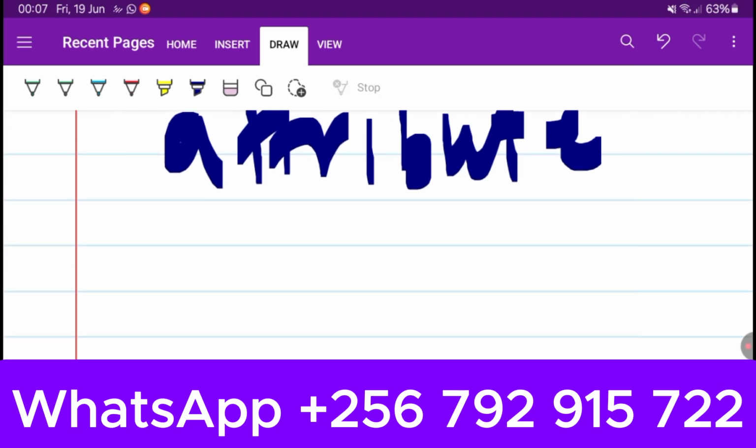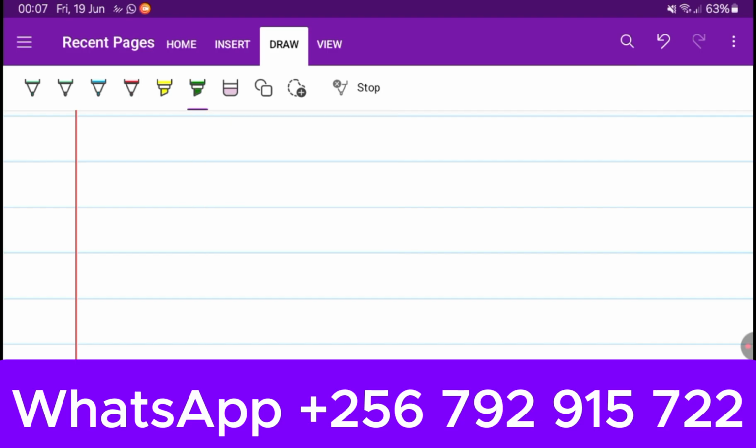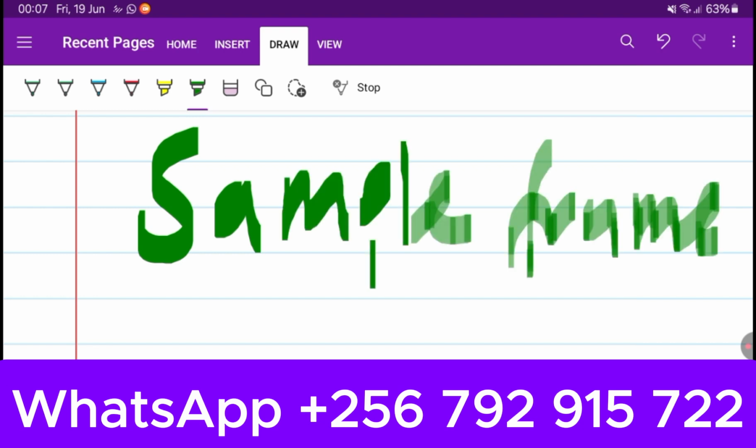The other item that I want us to understand has to do with the sample framework, or the sample frame.